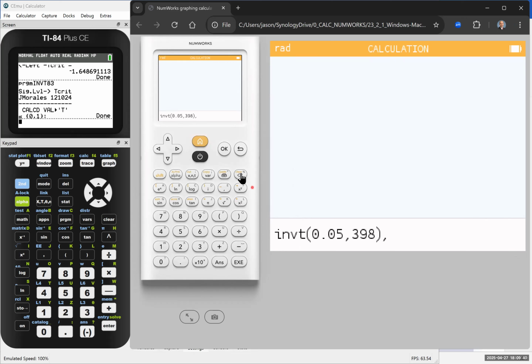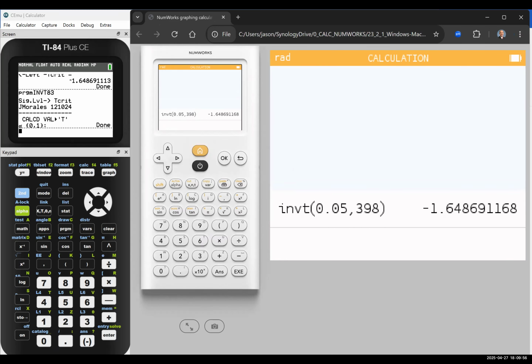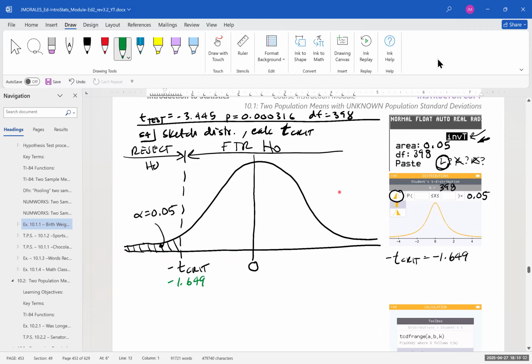Let me get rid of this comma. It shouldn't be there. Okay, and we'll hit execute. And there is our negative 1.649. That is our critical value, negative 1.649.